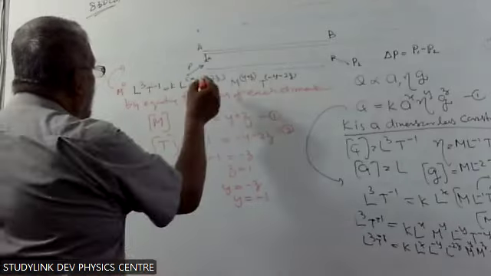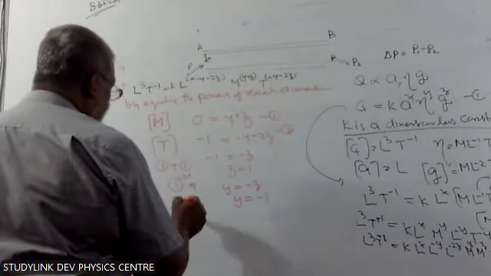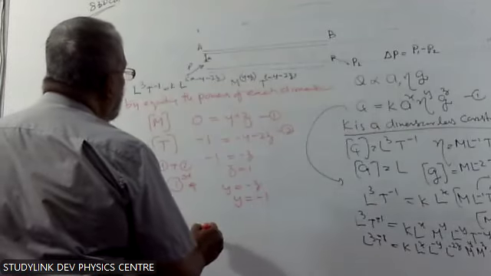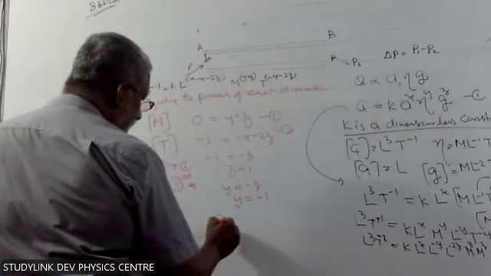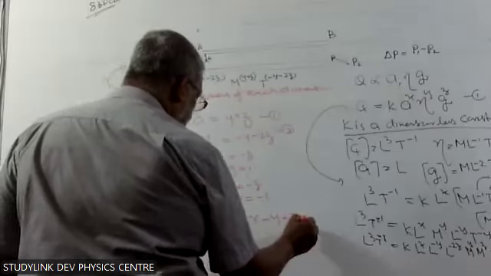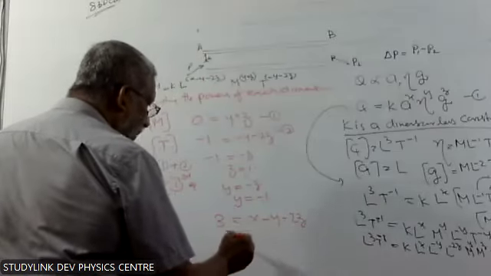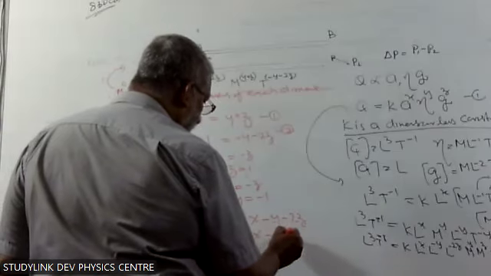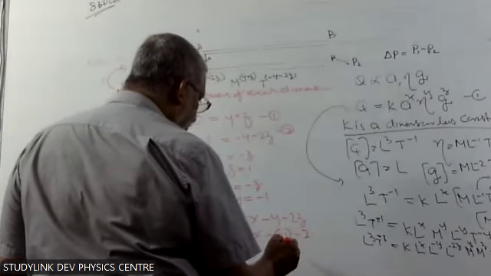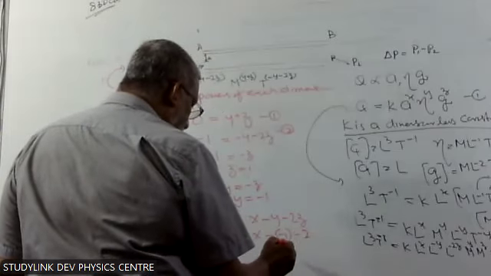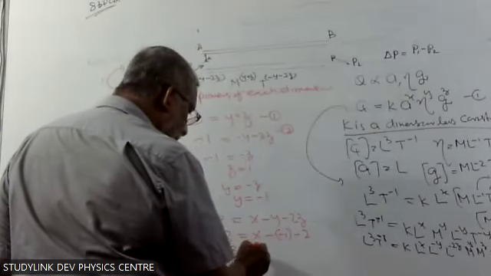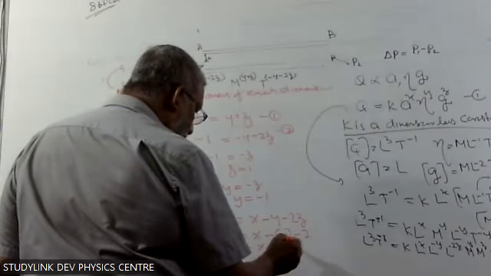Then I'm going to equate the powers of L. L is concerned, here 3 is equal to X minus Y minus 2Z. 3 is equal to X minus 1 minus 2, then you are getting plus 1. 3 is equal to X plus 1 minus 2.